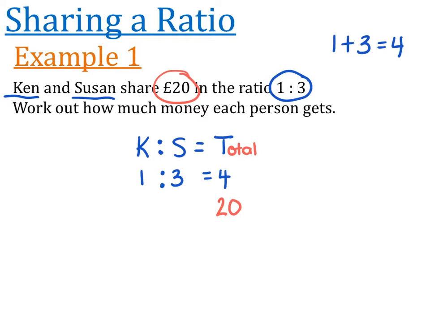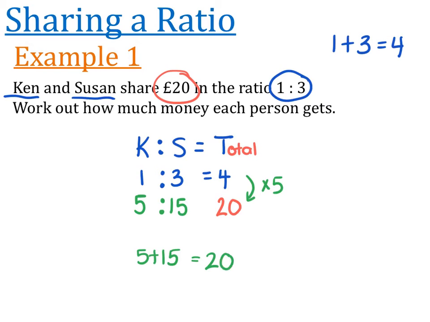And then we need to ask ourselves, just like we did in our previous lesson, how do we get from 4 to 20? To get from 4 to 20, we need to multiply by 5. So what should we do with every other number? We should also multiply by 5. So 1 times 5 is 5, and 3 times 5 is 15. Now, if you check out these numbers in green, 5 plus 15 also equals 20.